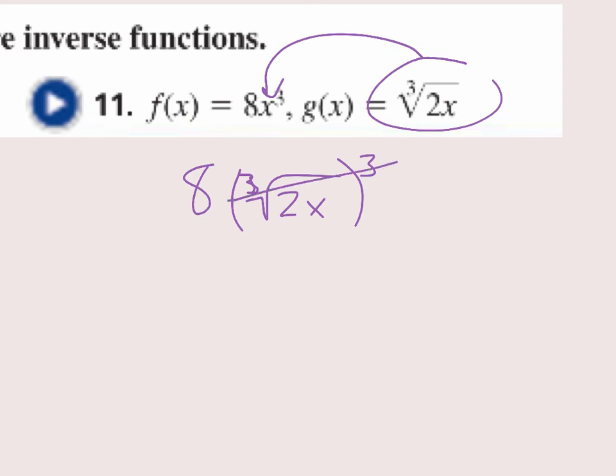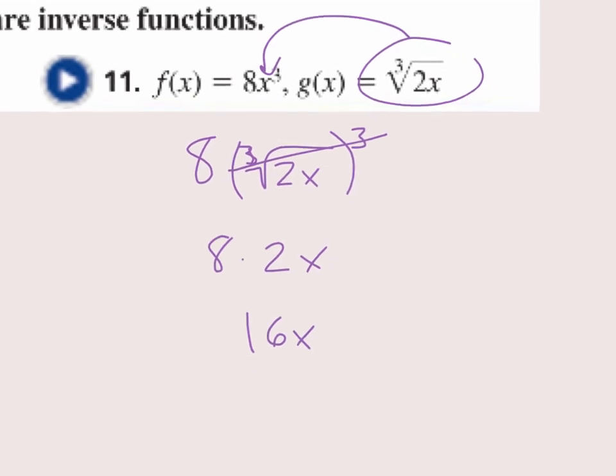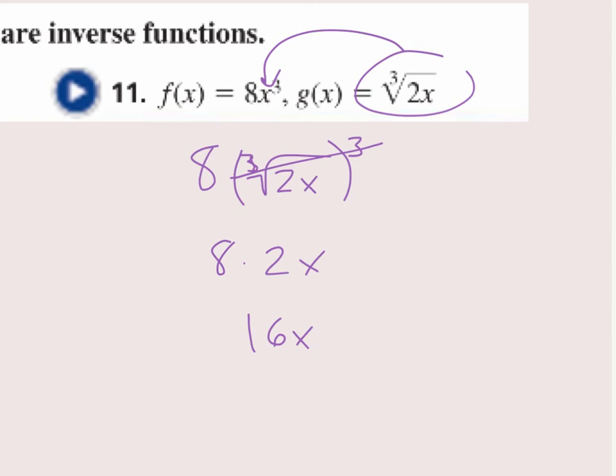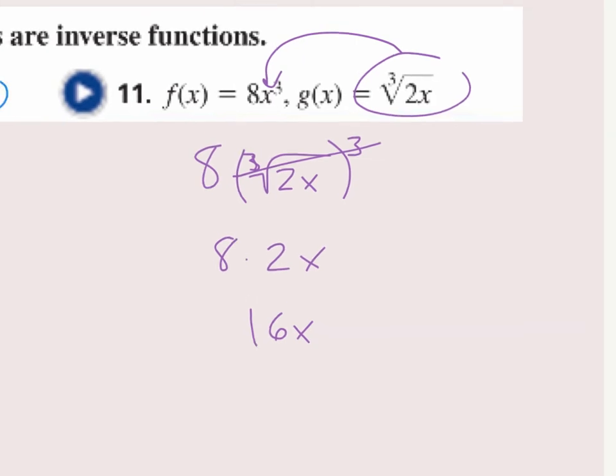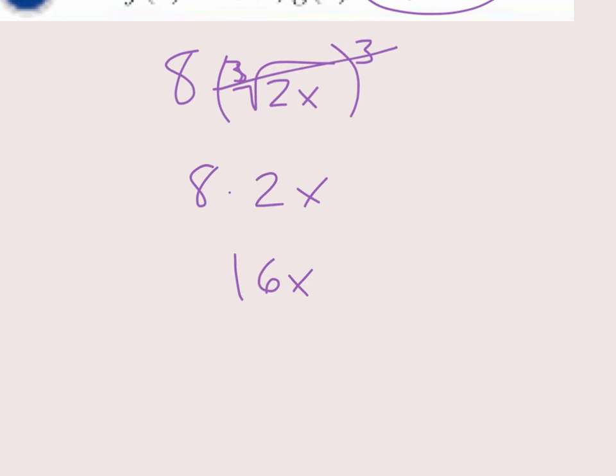The cubed root and the cubed, so we have 8 times 2x. What's 8 times 2x? 16x. Can't simplify anymore. Are these inverses of each other? Nope, because we have 16x and it's not just x, so these are not inverses.